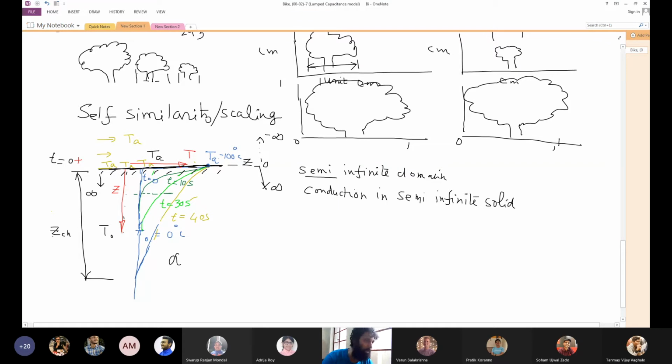Z characteristic is some kind of approximation of penetration depth. So if I give you a value of alpha, and a value of time, 30 seconds, 40 seconds, can you give me a rough estimate of this characteristic length or penetration depth?